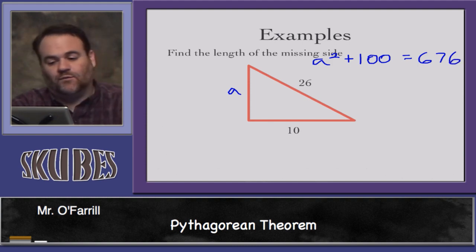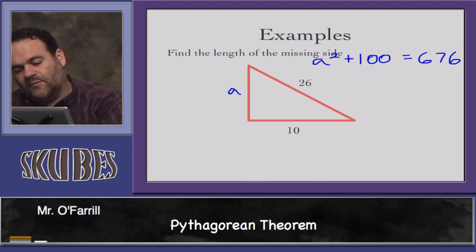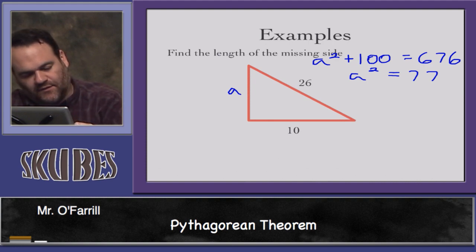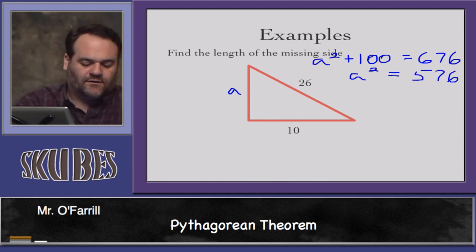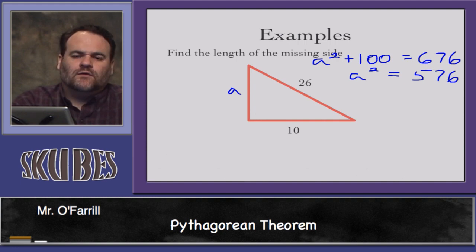Subtract 100 from either side, and a squared equals, oh, excuse me, not 776, it equals 576.